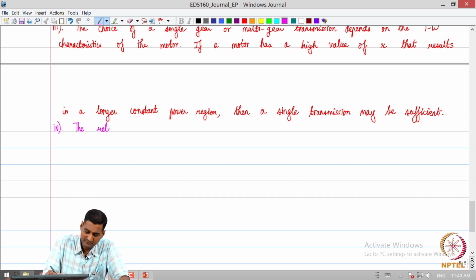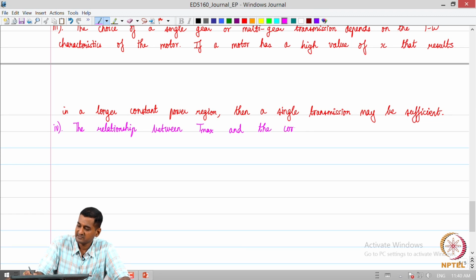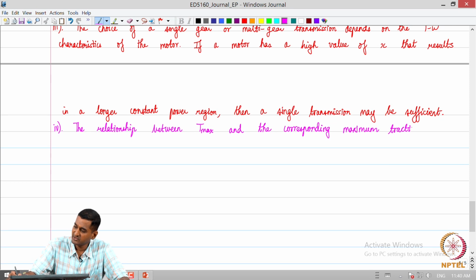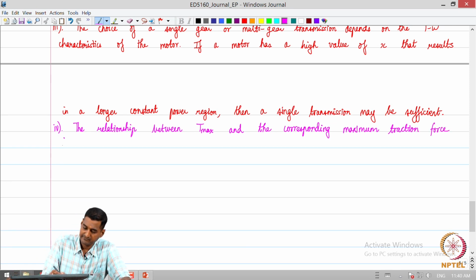Before we go there, just one more point to note. If I am considering a single speed gearbox with an electric vehicle, the relationship between T max, which is the maximum motor torque, and the corresponding maximum traction force, let us say we call it F max, is F max equal to T max times Nt eta T by Rw, where Nt is the transmission ratio.